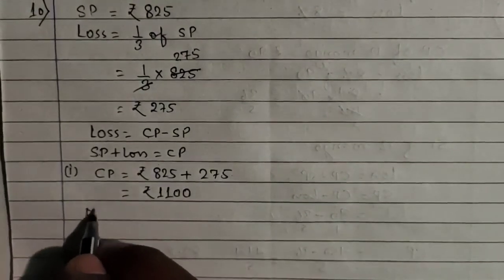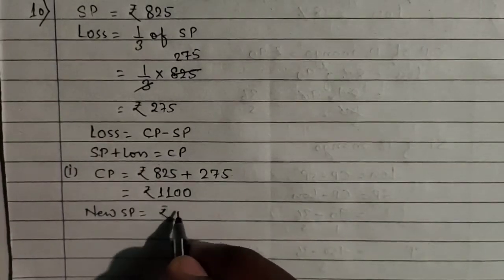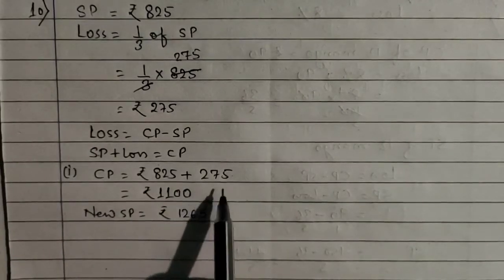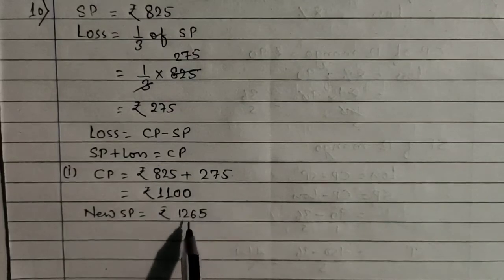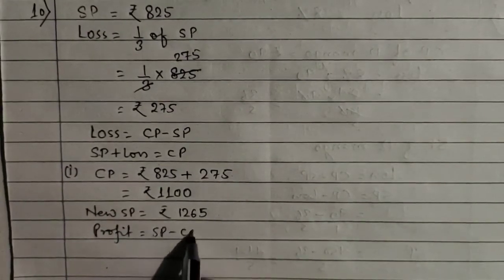For this case, new selling price is given rupees 1265. As we know that cost price is 1100 and new selling price is 1265, we can clearly observe that here profit is there. So we will calculate profit is equal to SP minus CP.